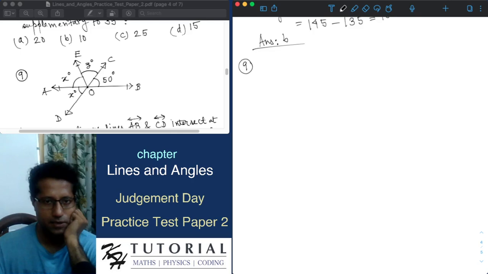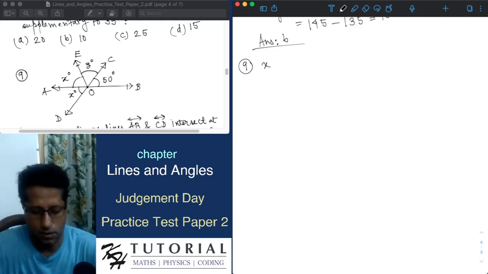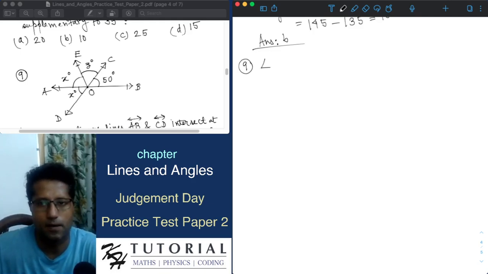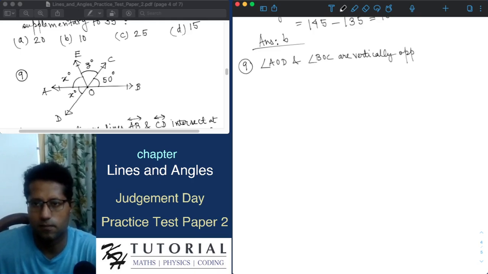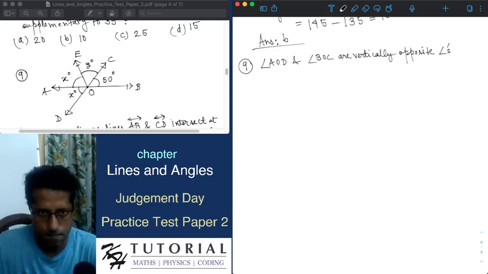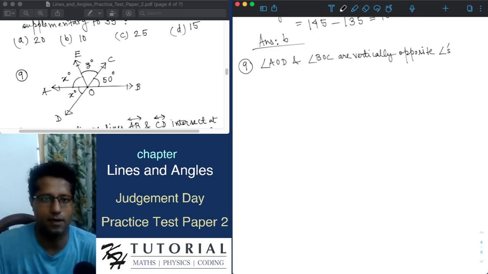So if AB and CD are straight lines intersecting at the point O, we can clearly say that angle AOD and angle BOC are vertically opposite angles, since AB is a line, CD is a line, and they intersect at the point O. So angle AOD is given to be x.